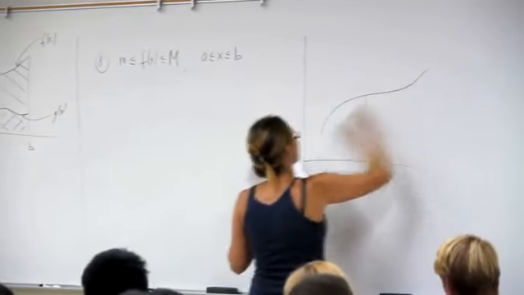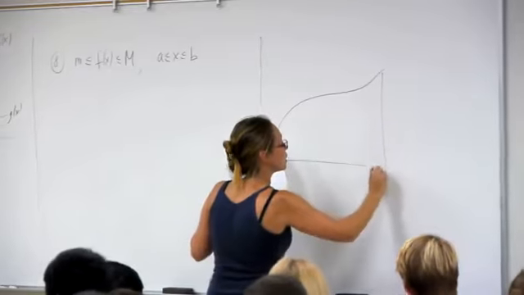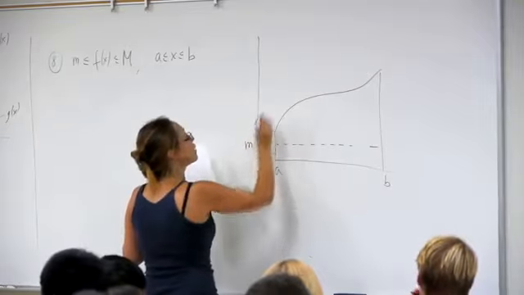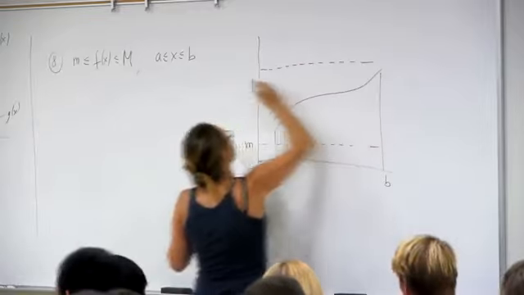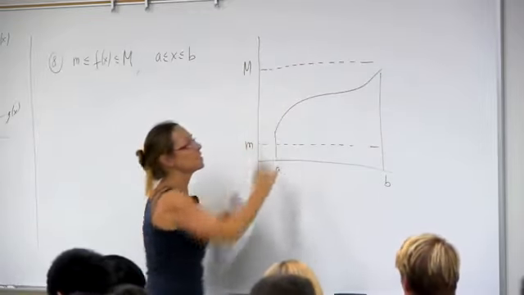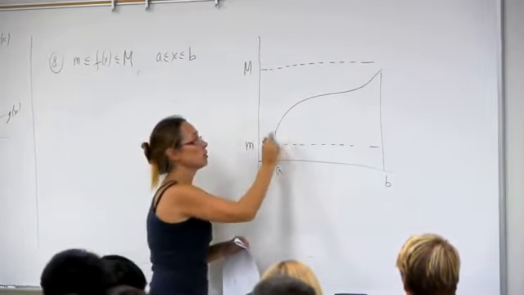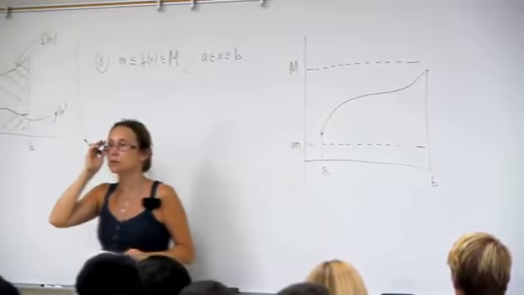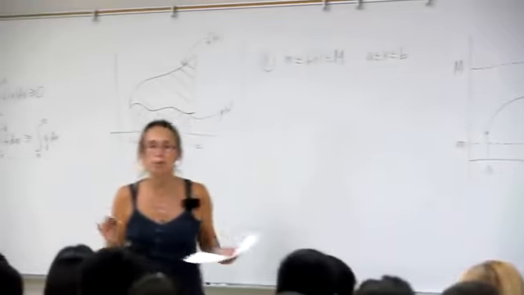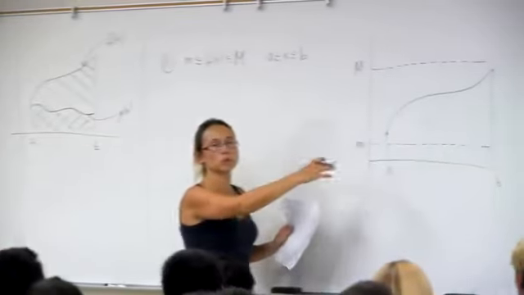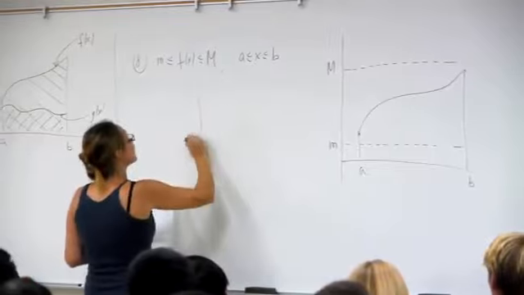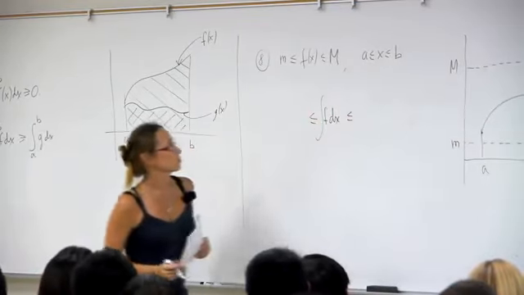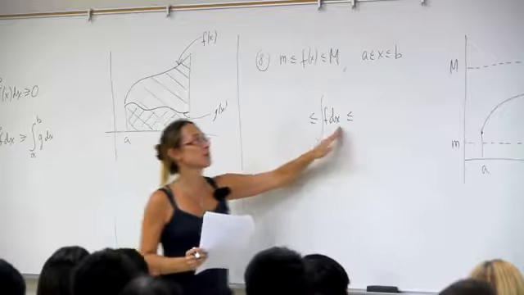So this is my function from A to B. And there's some value m and another one, m capital, such that they enclose this function. One is always smaller than my function, and the other one is always larger for all values of x on the interval. Okay? Let's suppose I know that these two numbers exist. Then I can make an estimate of the integral of f. I know what it's bigger than and I know what it's smaller than.